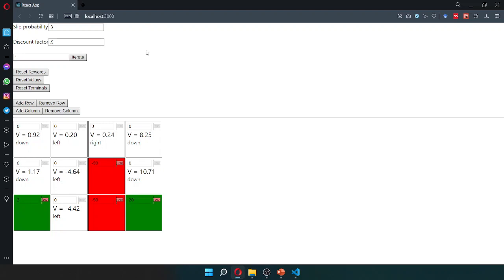So now, by just increasing the slip probability, we have taught our agent to avoid the bigger reward if it is in a certain state. So if the agent is in this state, this state, this state, this state, or this state, we have taught it to avoid the 20 reward.